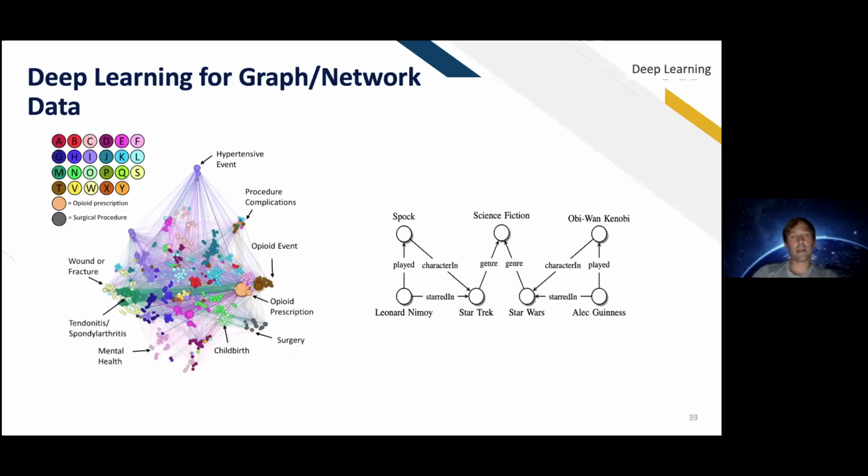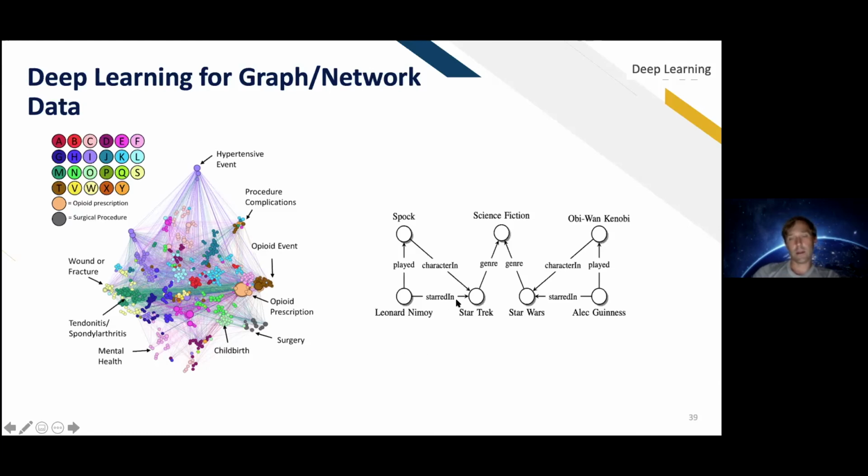Just to give you two examples, this is some work that we're currently doing with opioid trajectories, looking at the networks for opioids. These are the connections between a lot of different types of events that terminally end in an opioid event. That would be one example of a particular type of graph structure.